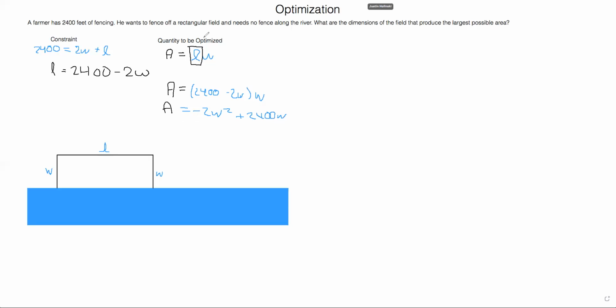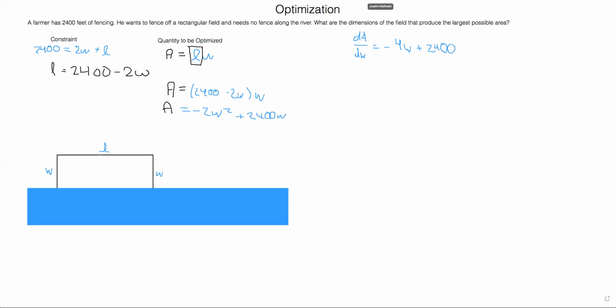We are trying to optimize the area, and whenever we do that, we have to put the quantity to be optimized in terms of just one single variable. Then we want to take the derivative of both sides of the equation. Find for us dA/dW. All right, wonderful. How do we find critical values?